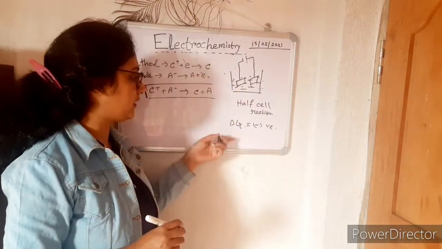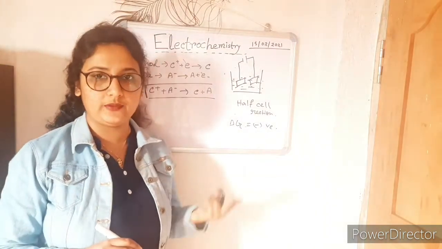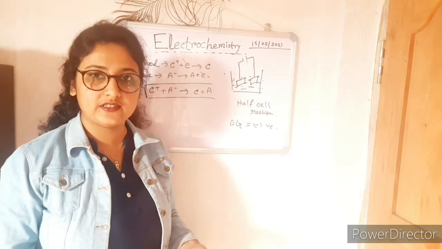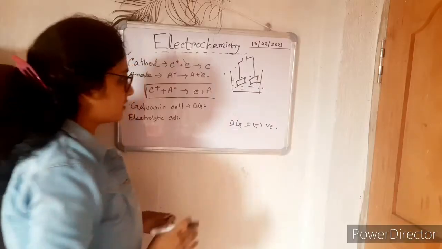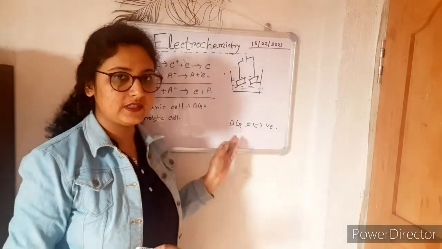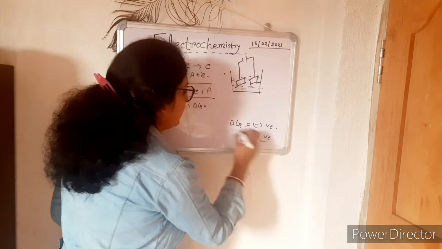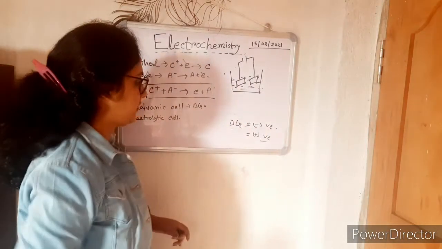Depending upon the del G value of this full cell reaction, there are two types of electrochemical cell: one is galvanic cell and another is electrolytic cell. So there are two possibilities in the del G value, one negative and another positive. Mind it, del G value of the full cell reaction.